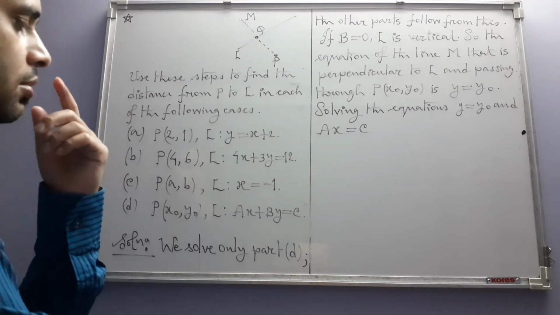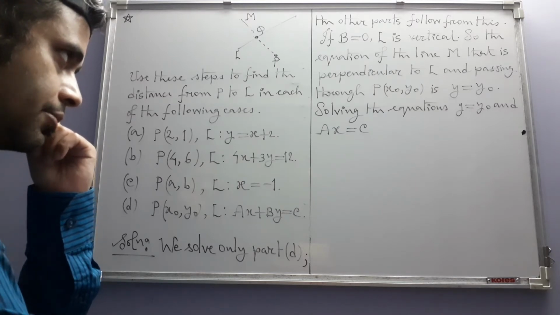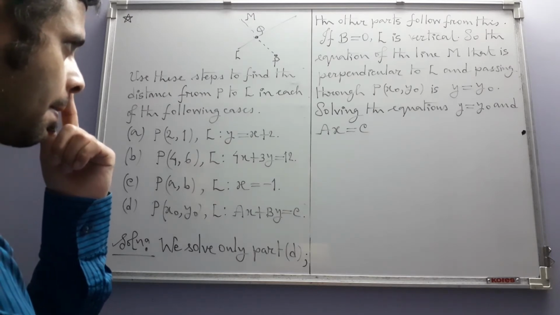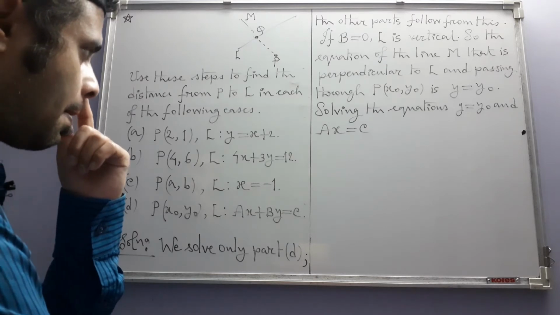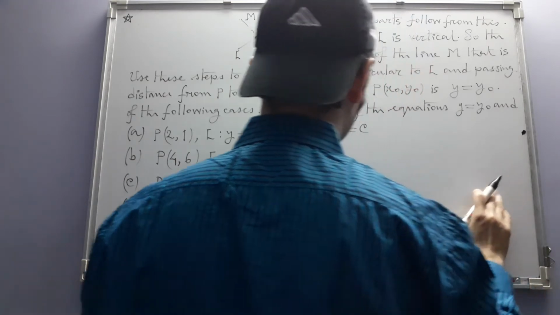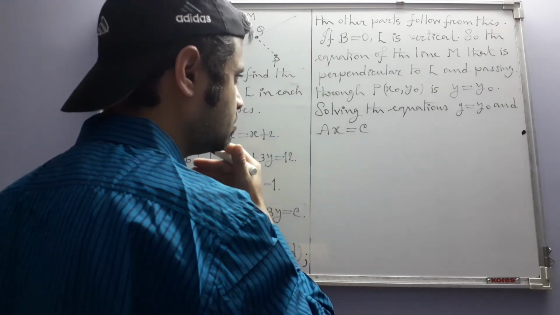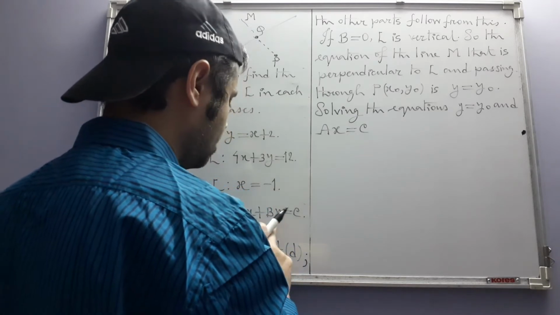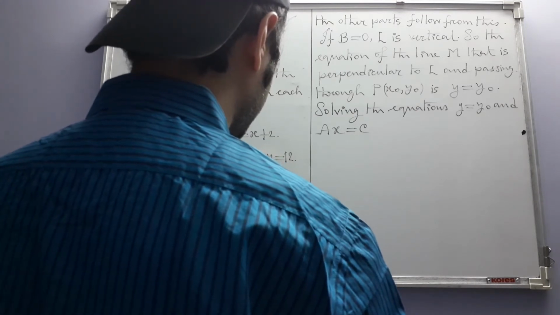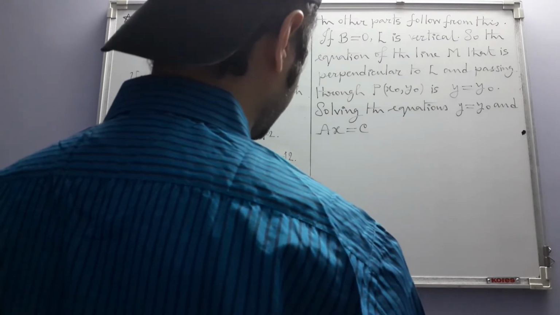Okay, so if y is equal to y naught and ax equal to c, so if we put y equal to y naught here, then x becomes c divided by a.